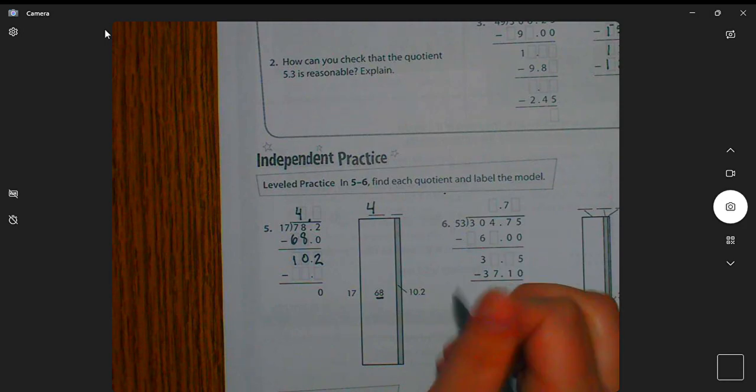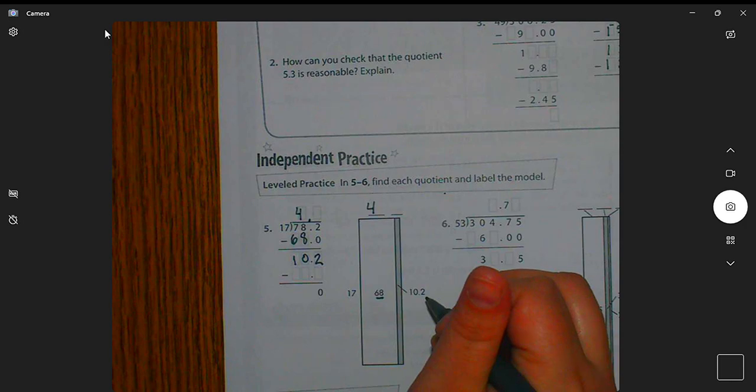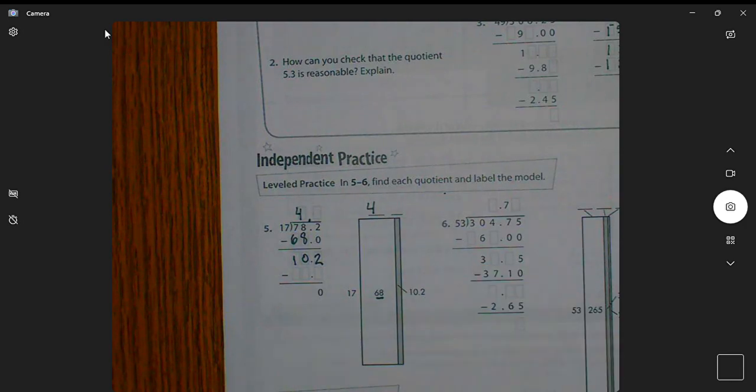Or if you're going by the area model, 10 and 2/10. How close can I get 17 to that? I'm going to start with 17 times 6 because I know 6 times 7 is 42.